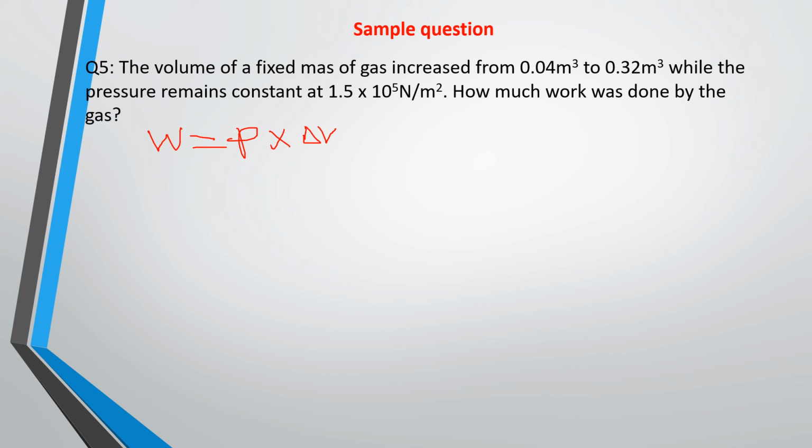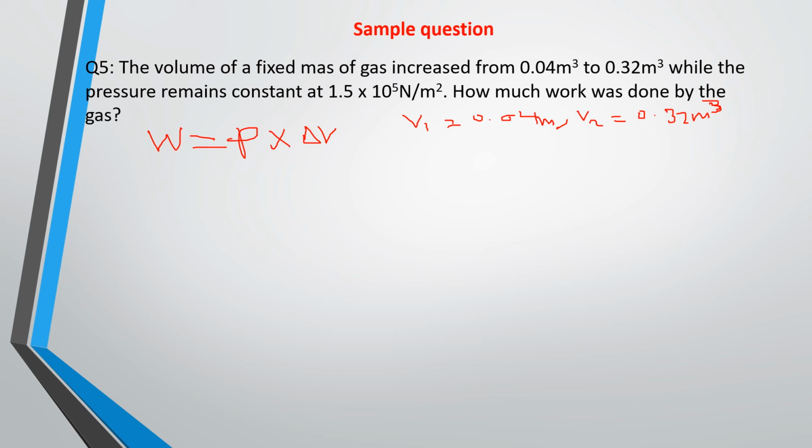Then here you will be given the two volumes. So here you have that V1 is equal to 0.04, and V2 is equal to 0.32 meter cube. Take note of that unit, meter cube.